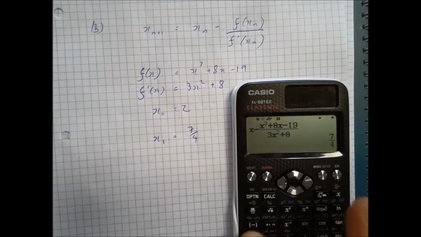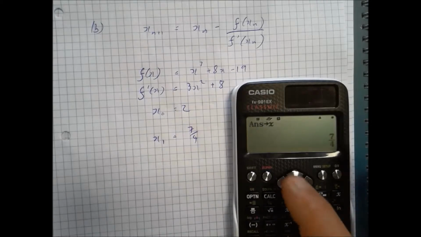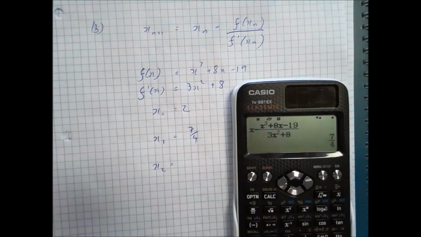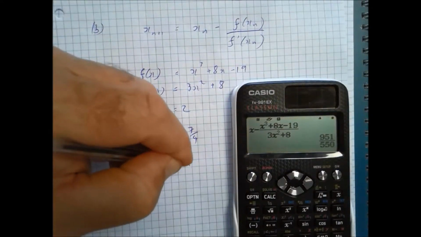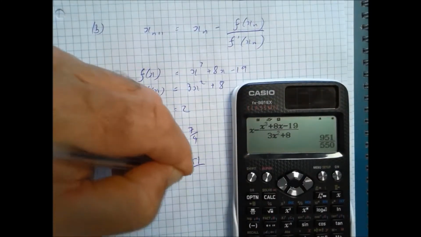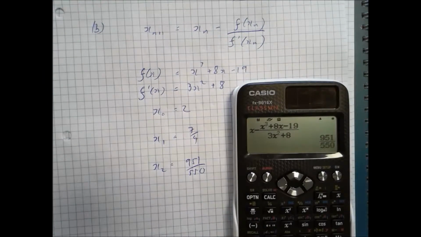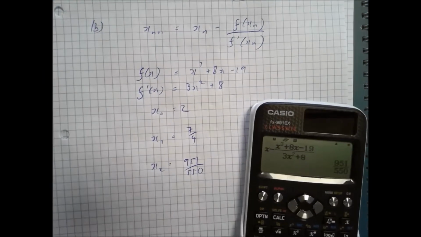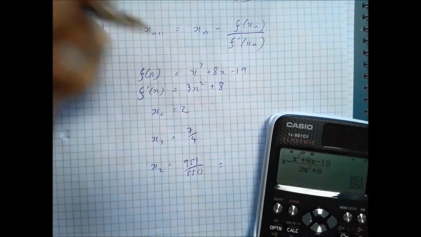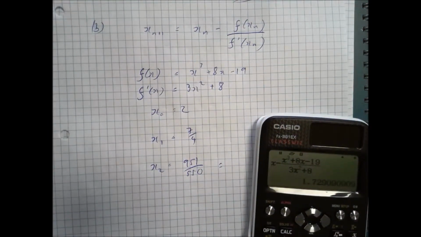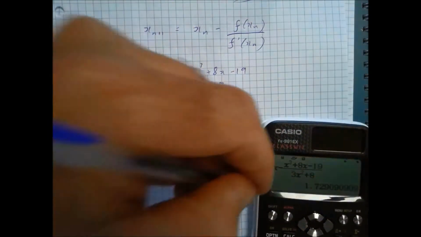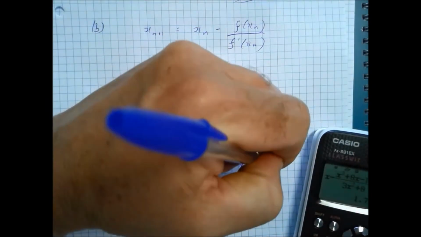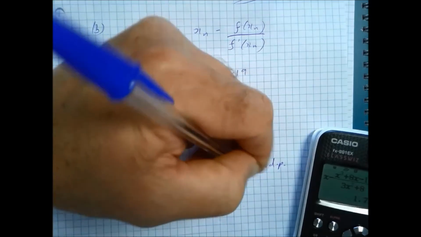Just store that as x again, back up to the formula, 951 over 550, and it wants the answer to 3 decimal places, so that's exact, and that equals 1.729 to 3 dp.